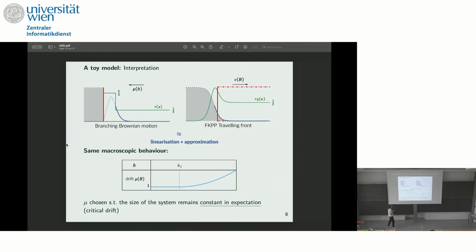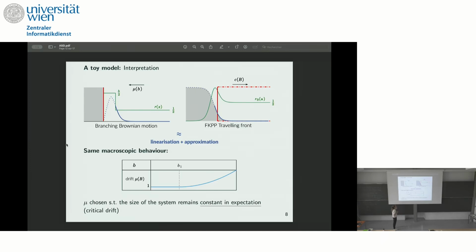First, you can show that the drift mu exhibits the same kind of phase transition as the speed c of the fronts, in the sense that there is a critical value b1 for small b, such that below this critical value it is enough to put a drift constant equal to 1, but for b larger than b1, the drift has to be increasing with respect to small b.